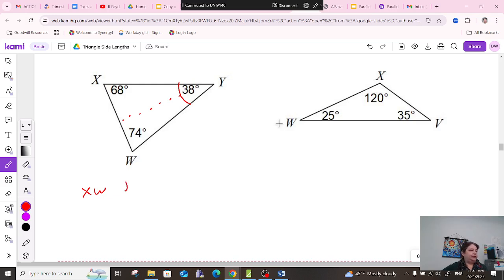The next largest? 68, which is angle X. Good job. And then across will be the WY. And then angle W, right, is the largest, and it has to be across from the largest side, which is XY.